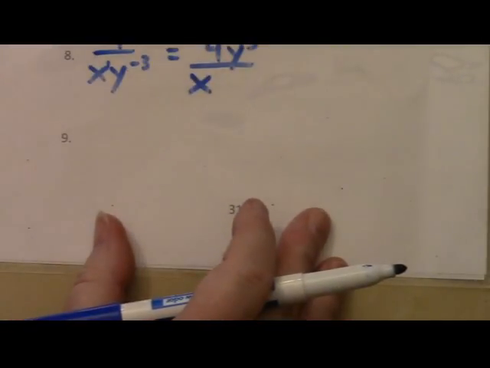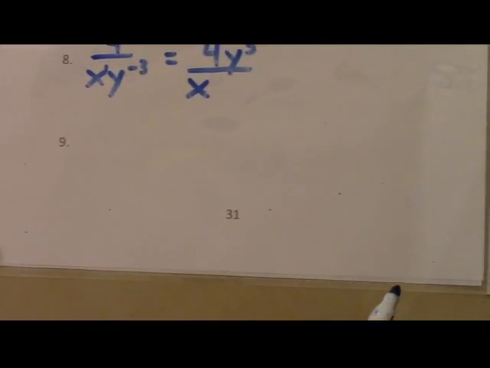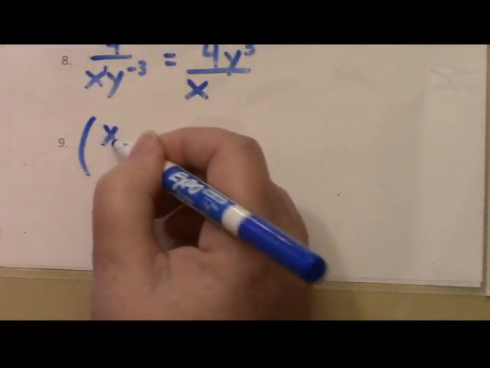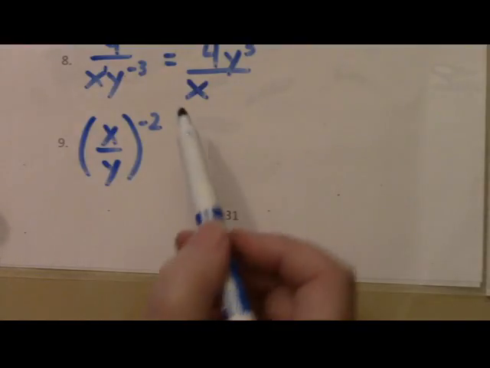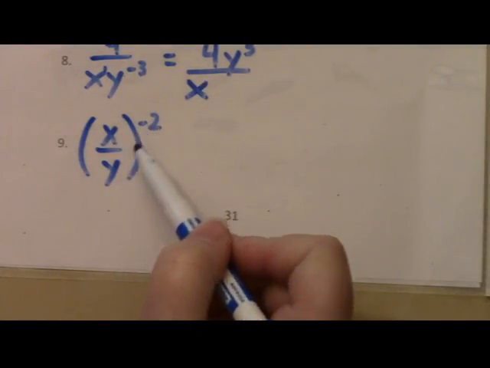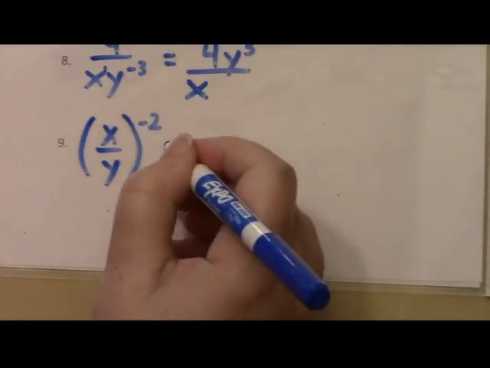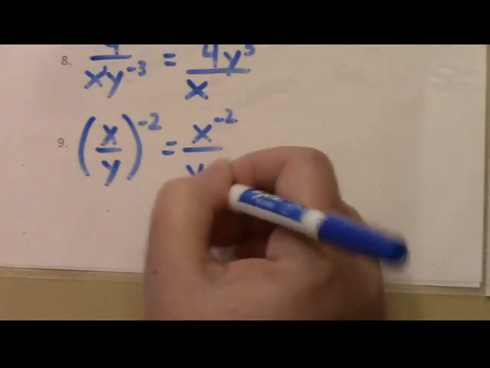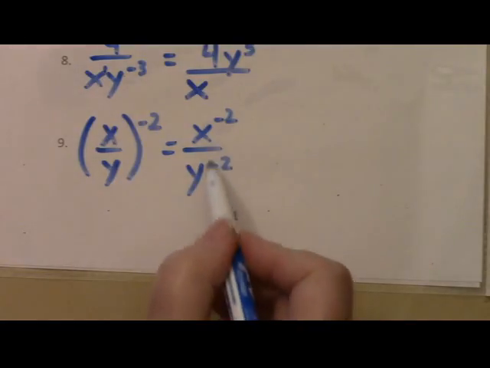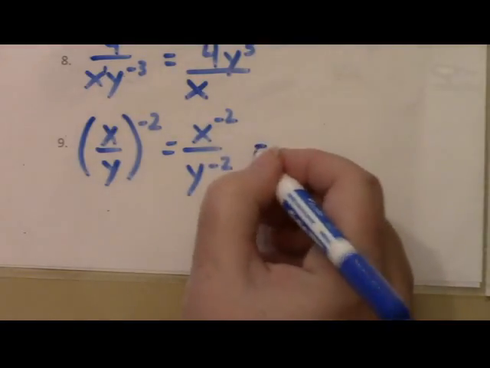And let's just do one more. Let's do one like this, x over y to the negative 2. Now, this negative exponent is being distributed to both the numerator and the denominator, so our first step would be to distribute that negative 2 to both the x and the y.